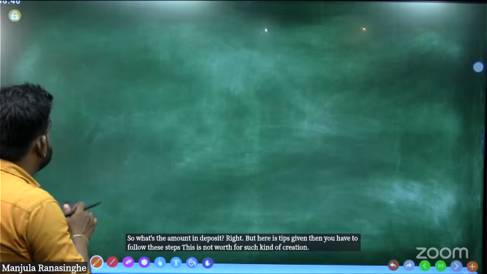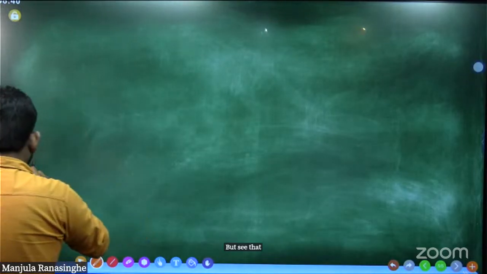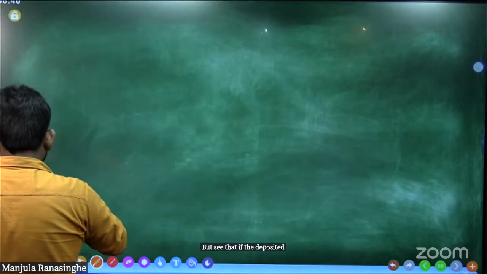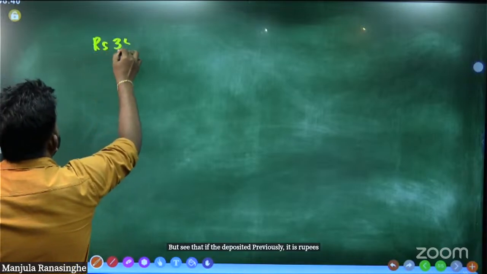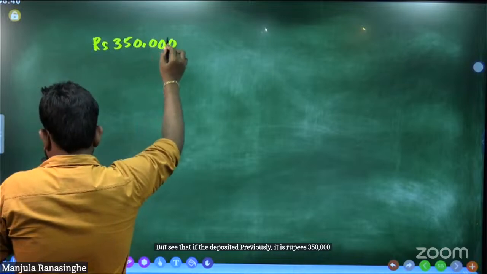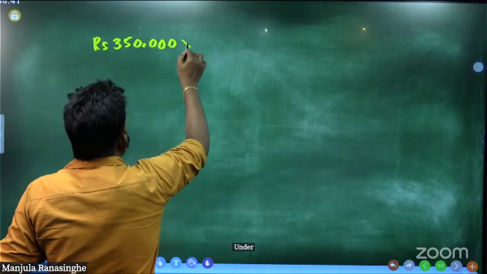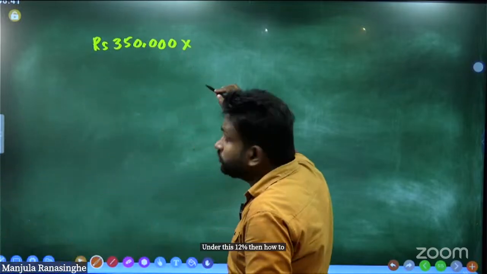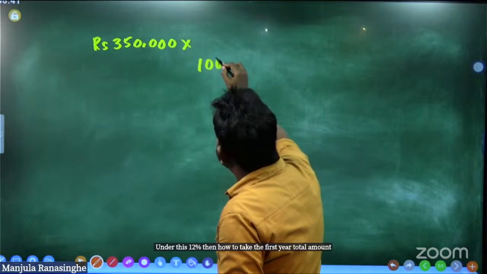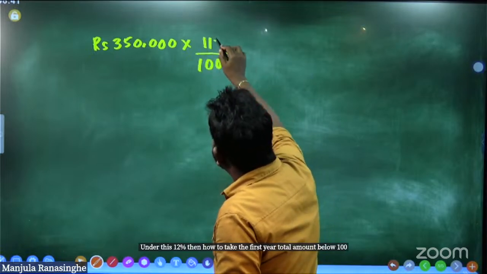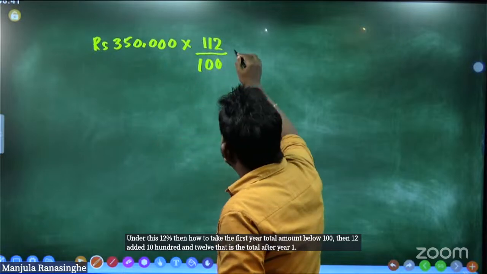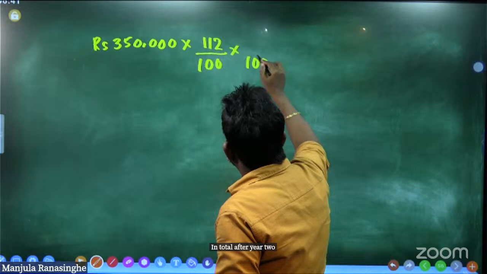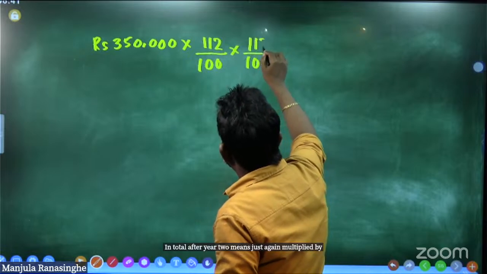But see that if the deposit is rupees 350,000 under this 12%, then to take the first year total amount, 100 plus 12 added, then 112. That is the total after year 1. Then total after year 2 means just again multiply by this 112 upon 100.